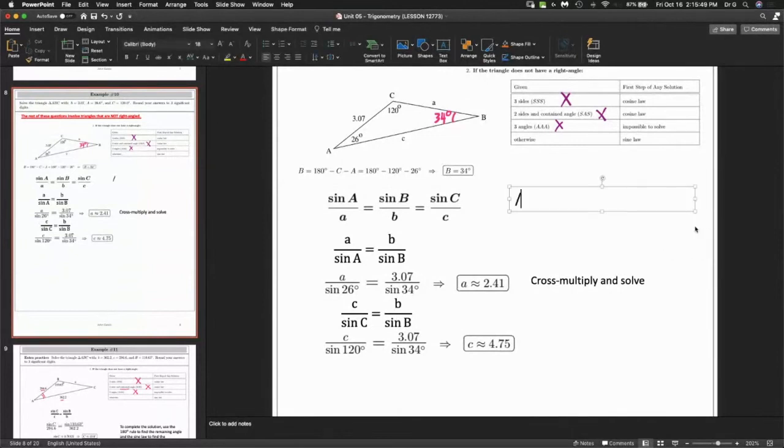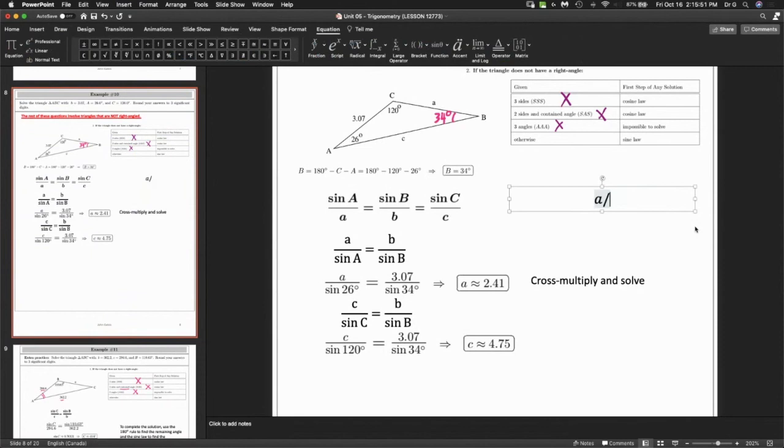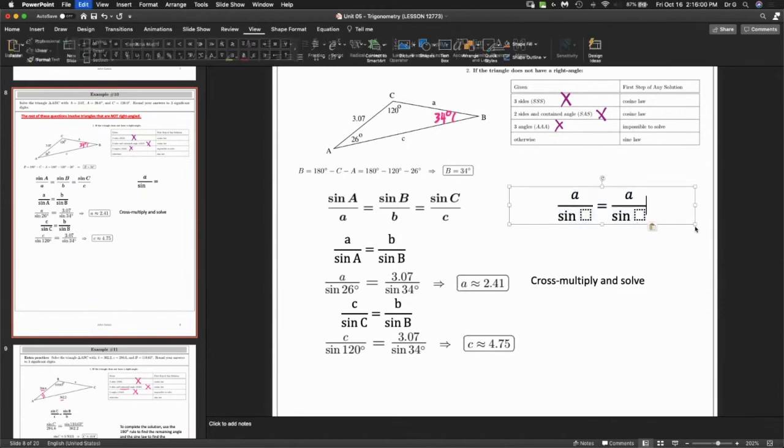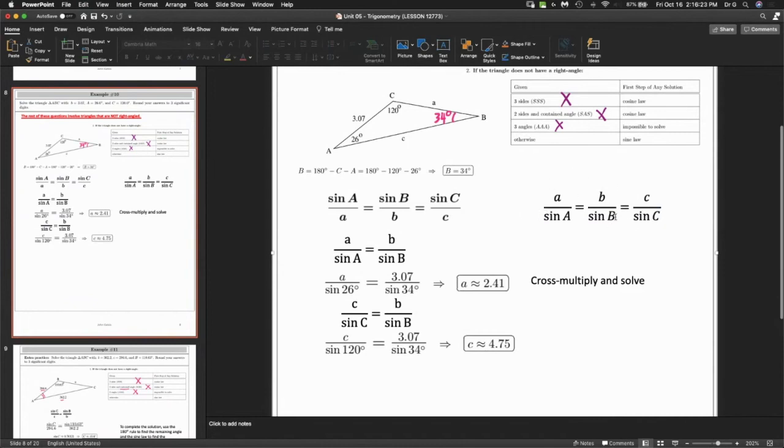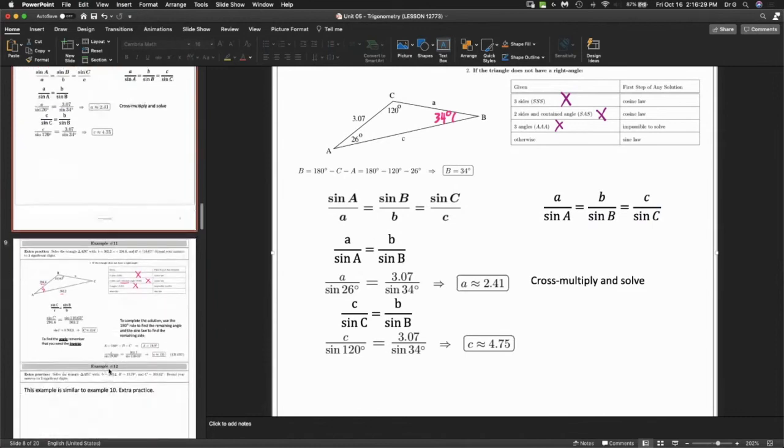You could also write it as A over sine. You can also write it upside down, but we don't want it that way here. Actually, I already wrote it here. We wanted it here, but that's fine.